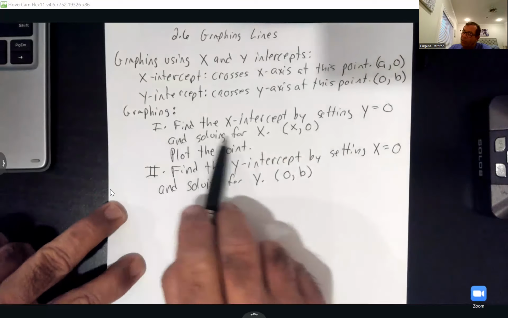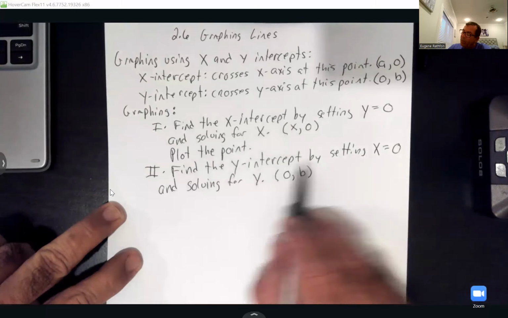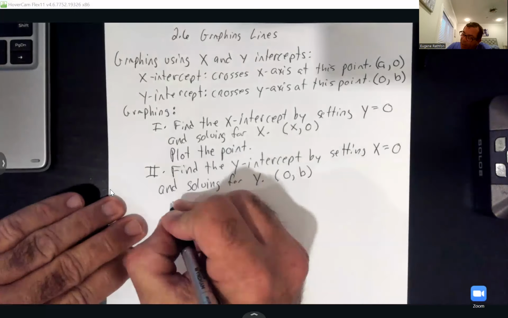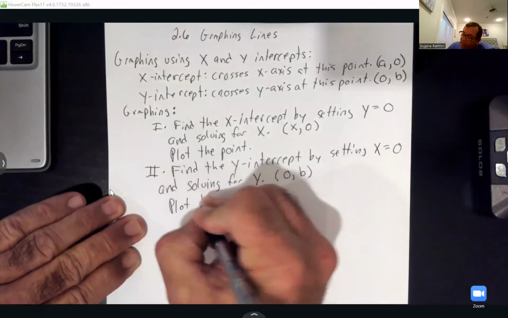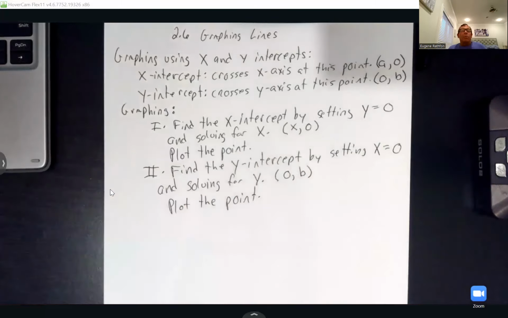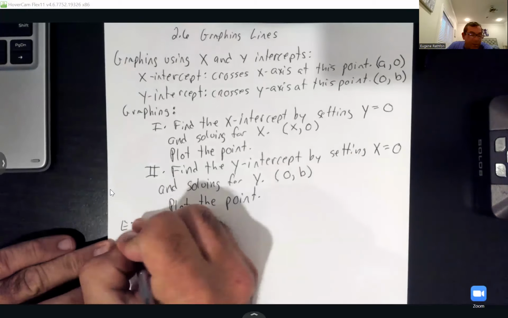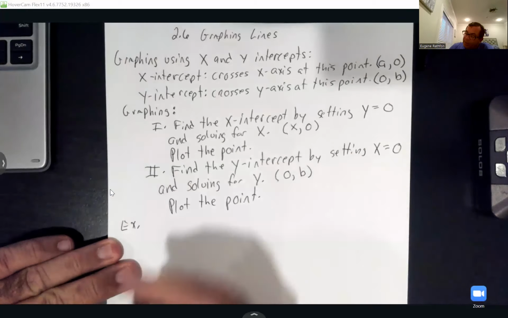So y'all, that's 2 things you do. Once I found the x-intercept, I plot that point. I'm going to find the y-intercept and then plot that point. Once I've plotted them 2 points, I can draw my line and be done. Okay, so let's look at some examples where we use the intercepts to graph.